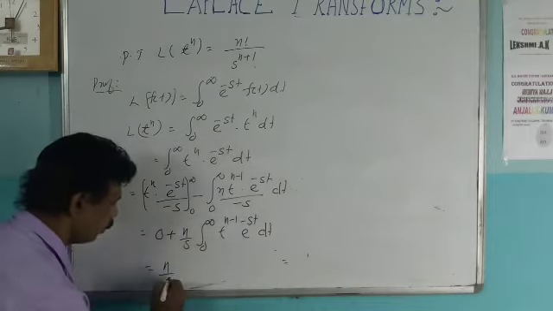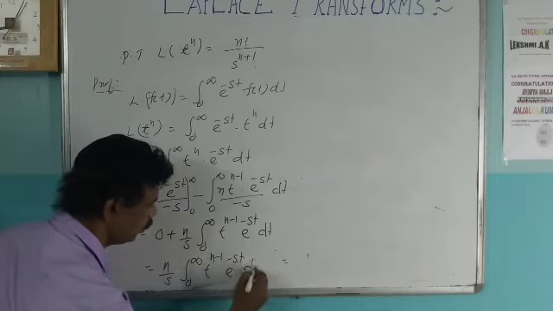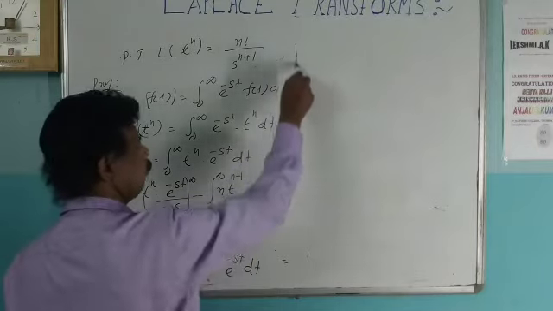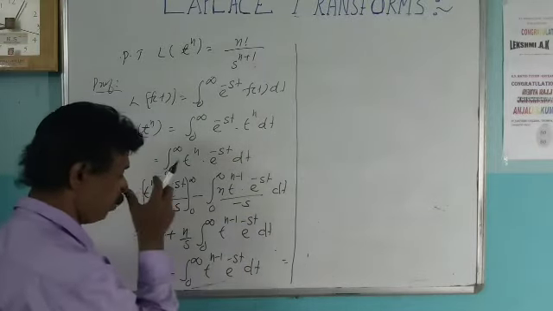That is n by s into integral 0 to infinity t raised to n minus 1 e raised to minus st dt. So Laplace of t raised to n equal to n by s into integral 0 to infinity t raised to n minus 1 e raised to minus st dt. Again we can apply integration by parts.